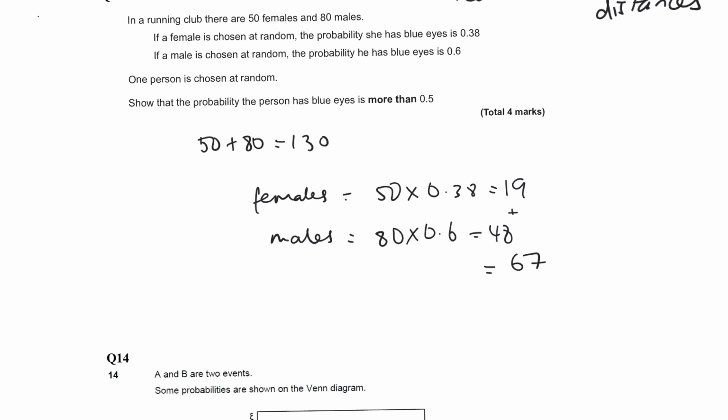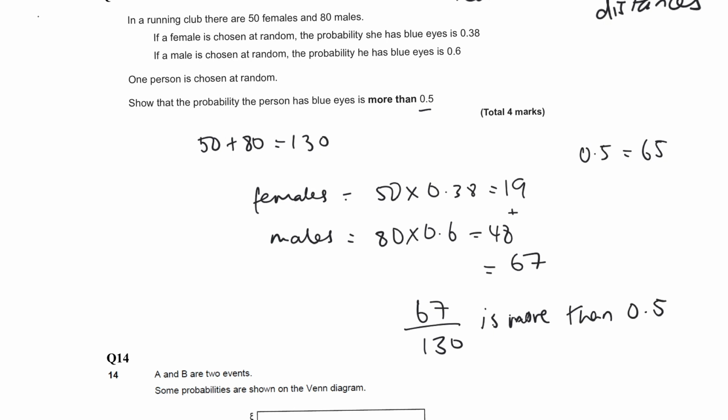So because it's 67 out of 130, we know that for 0.5 of the people to have blue eyes, that would be 65, because 65 is half of 130. So we can happily say that 67 out of 130 is more than 0.5. And that's us showing that the probability of people with blue eyes is more than 0.5.